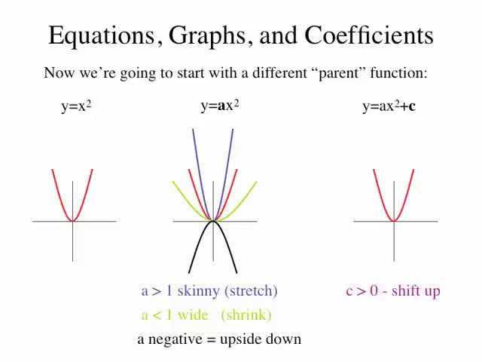If c is greater than 0, our parabola shifts up. So if c is 5, our parabola shifts up 5 steps. If c is less than 0, our parabola shifts down. c tells you how many steps up or down you move the whole parabola, keeping its shape constant.